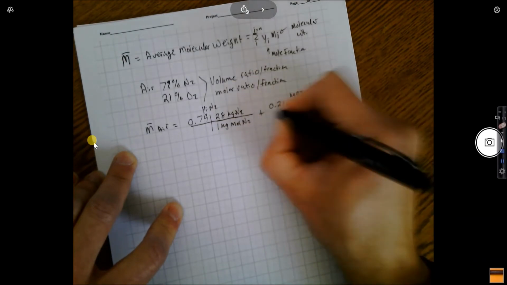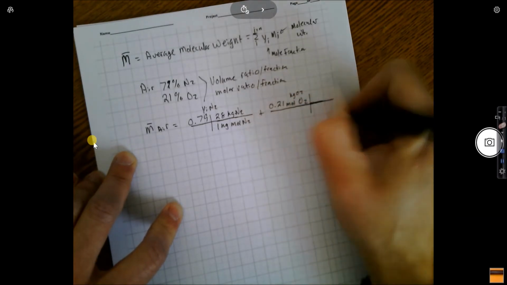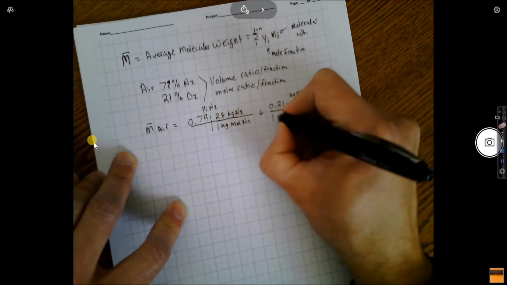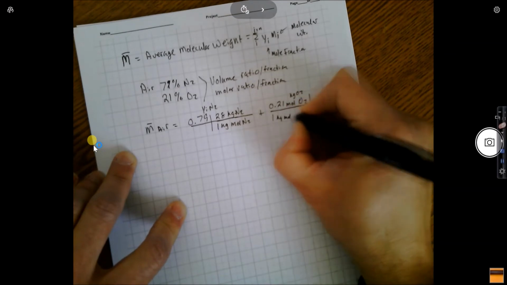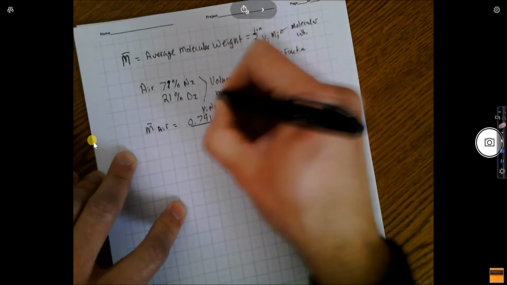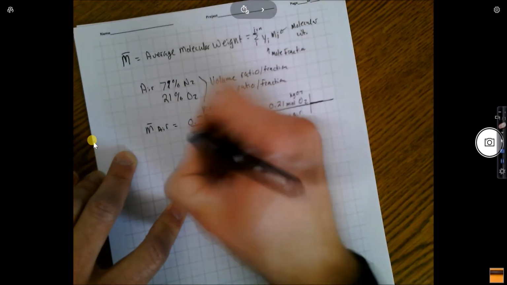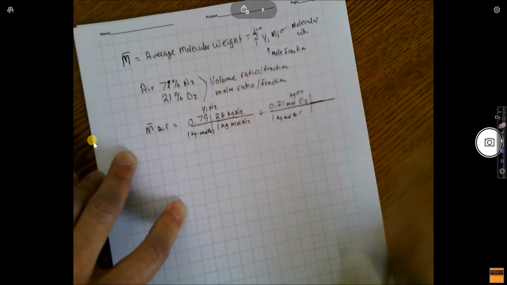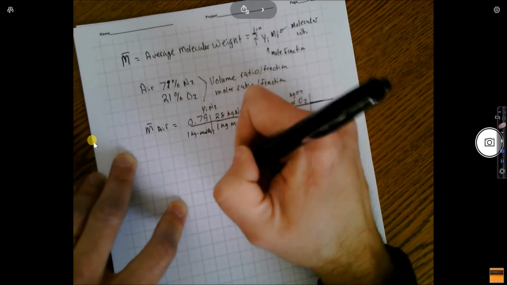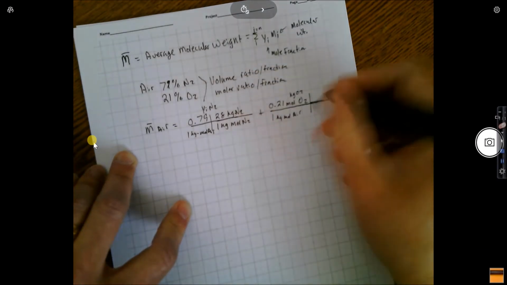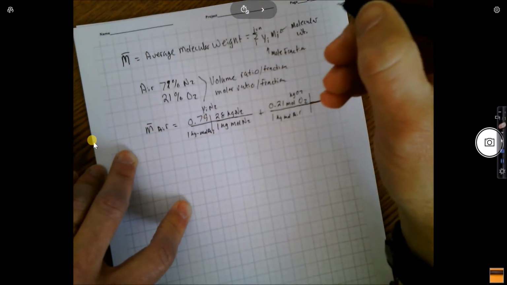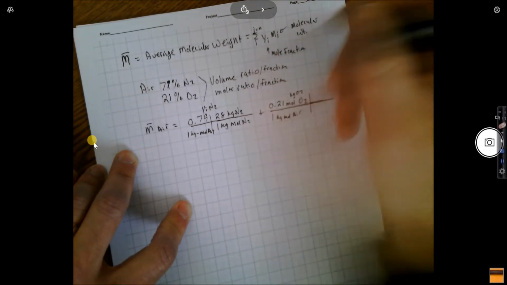That's the fraction in 1. And I should have put 0.79 kilogram moles.